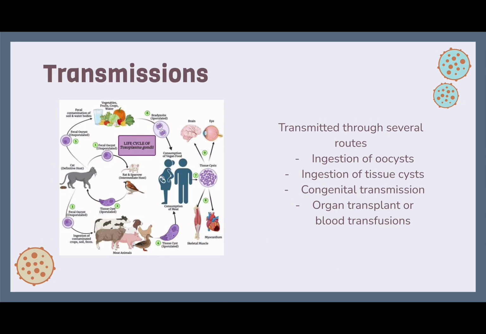Congenital transmission would be when an infected pregnant woman transmits the parasite to her fetus. And lastly, there are organ transplants or blood transfusions, where infected organs or blood are transferred to a new host. This case is rare, however, and these diverse transmission routes contribute to the widespread prevalence of Toxoplasma gondii infections globally.